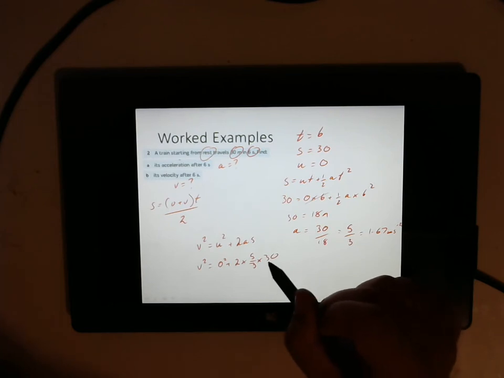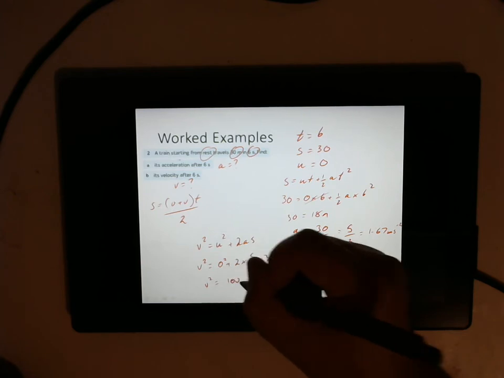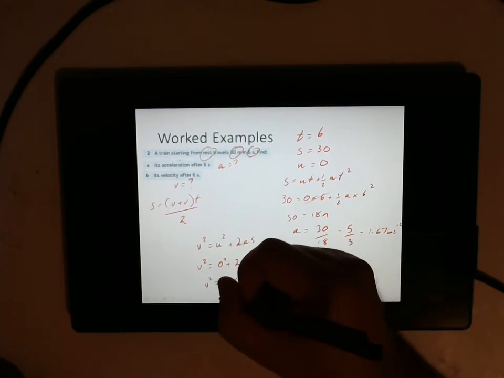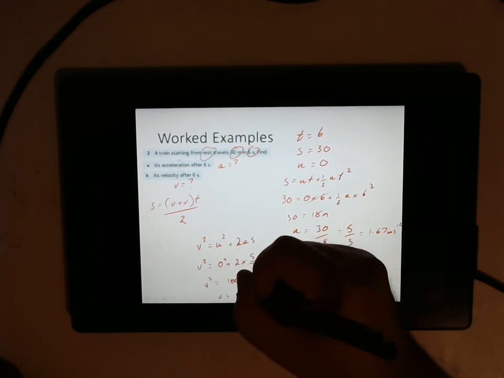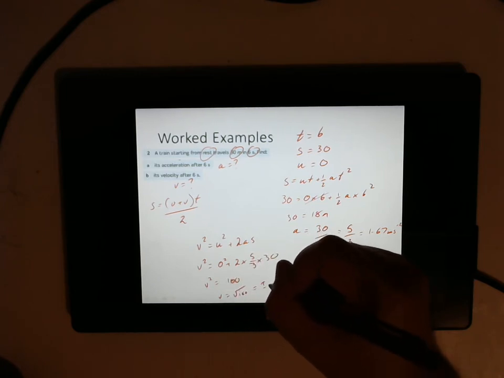Let's see, 3 under 30 will go down to 10. 5 times 10 is 50, 2 times that is 100, so v squared will equal 100. And the square root of 100 is equal to plus or minus 10.